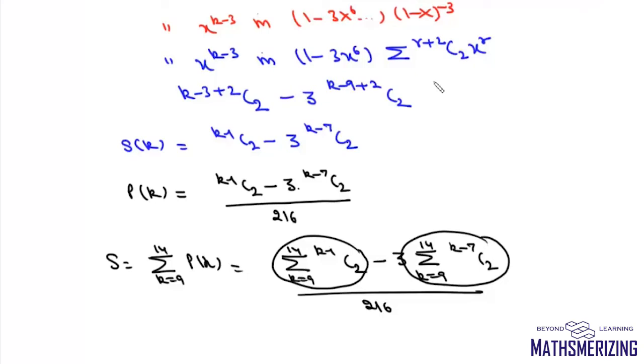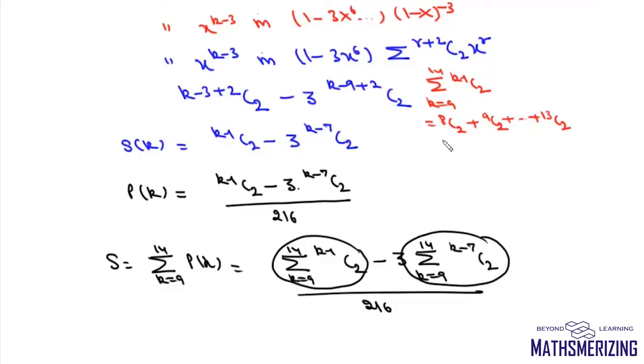Now if we look at this summation, which is the summation k minus 1 C2, where k varies from 9 to 14, basically it will be 8 C2 plus 9 C2 up to 13 C2.